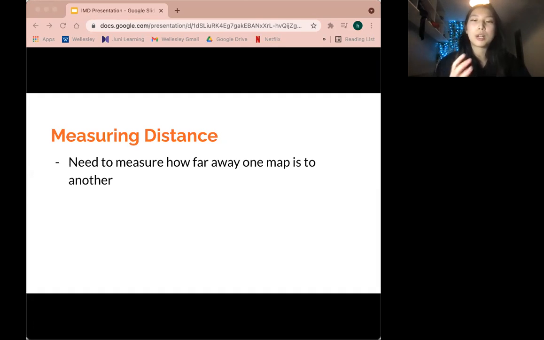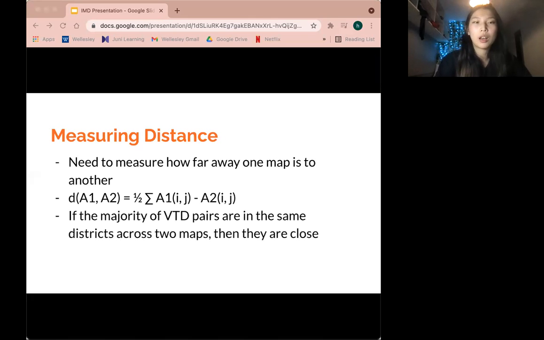We also needed a way to measure the distance, how far away one map is from another. So we have this equation, which basically represents how many times you would have to delete and add entries to transform one map into another.